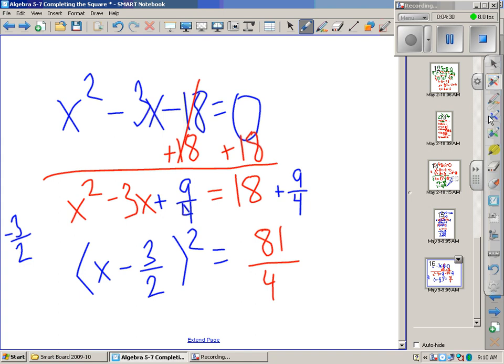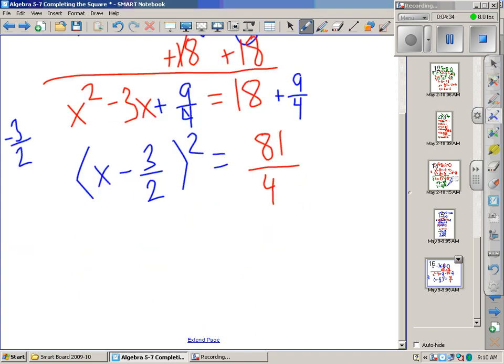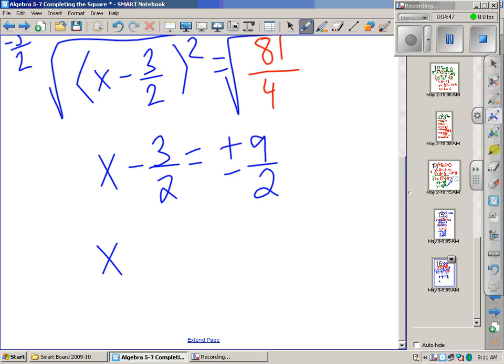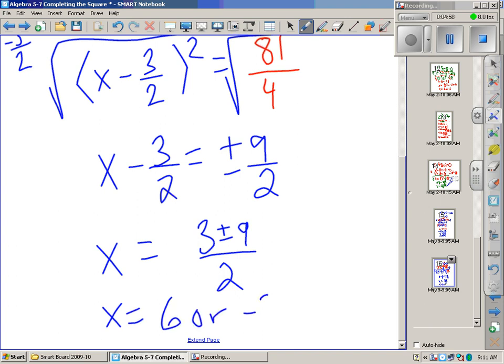Then you recognize the two numbers on the right-hand side as perfect squares. It doesn't always happen, but in this case, because we know it factors, it's going to. So x minus 3 halves equals plus or minus 9 halves. You add 3 halves to both sides: 3 plus or minus 9 over 2, which equals 6 or negative 3.